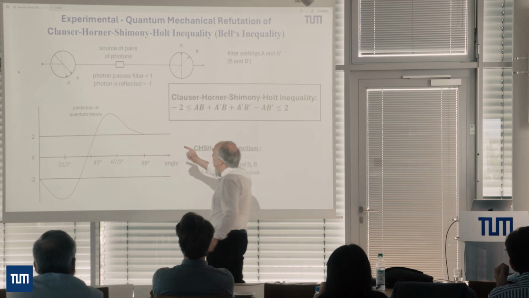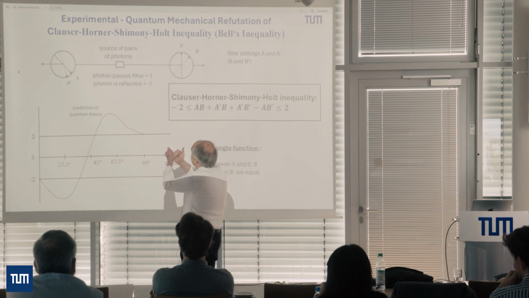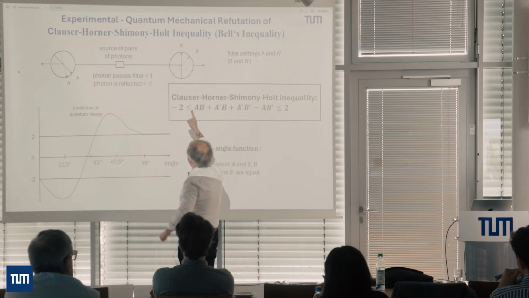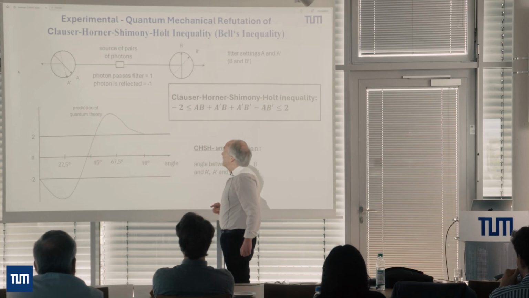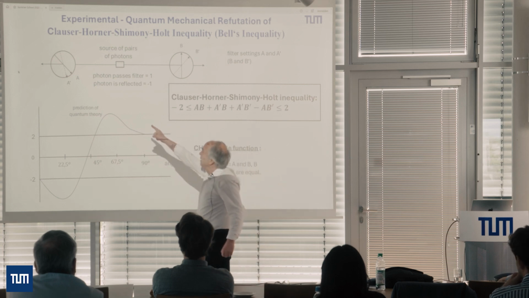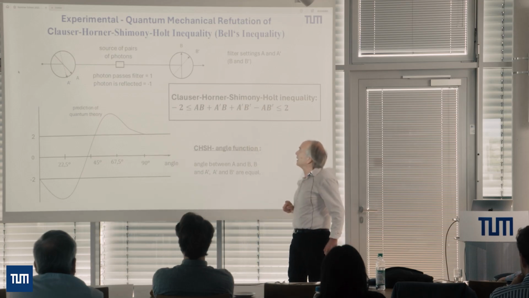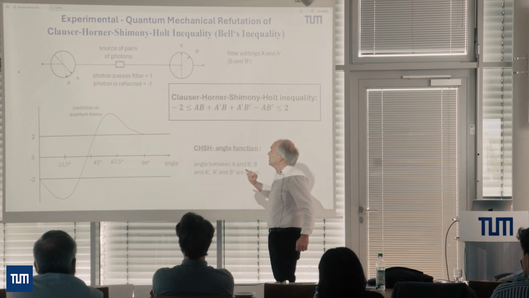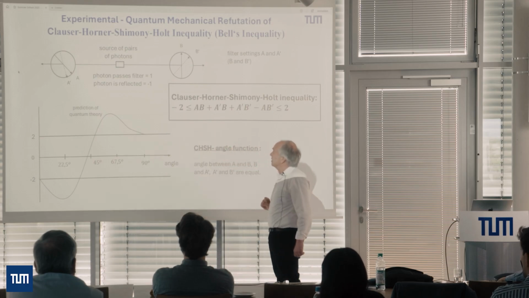And then it is assumed that the pairs of these photons are sent in opposite direction to these different filters here on the left and the right, and the filters are characterized by different settings, namely A and A', and B and B'. And if a photon passes the filter, that is indicated by 1, and if the photon is reflected by -1.